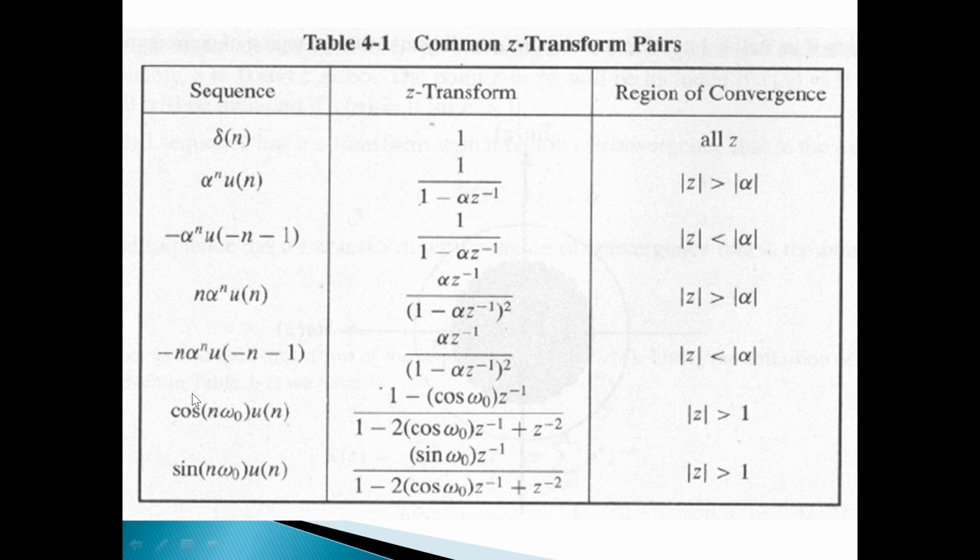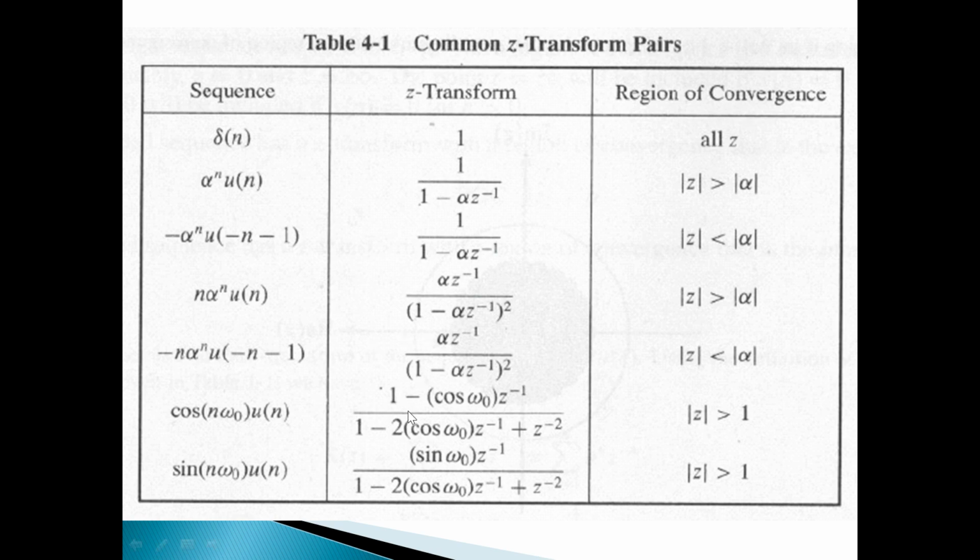Another one is alpha power n u[n], having the Z transform 1 upon 1 minus alpha z inverse, ROC z greater than alpha, right-sided sequence. The left-sided sequence we have already discussed. The fourth one is an example of derivative functions. And then at the last, cos n omega 0 u[n] and sin n omega 0 u[n].